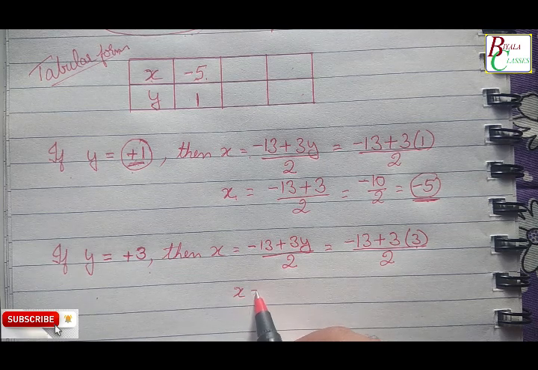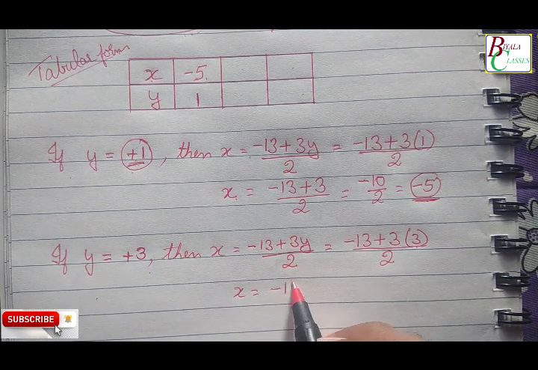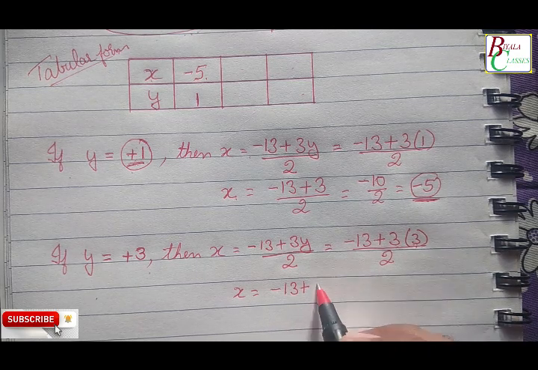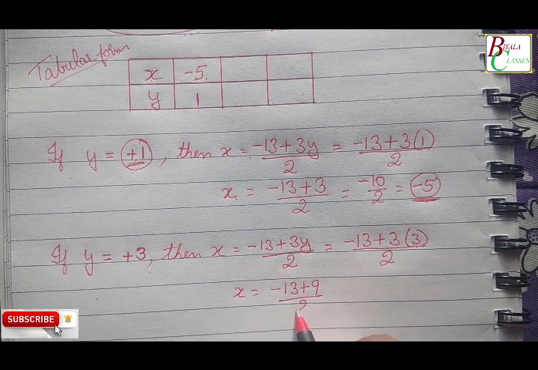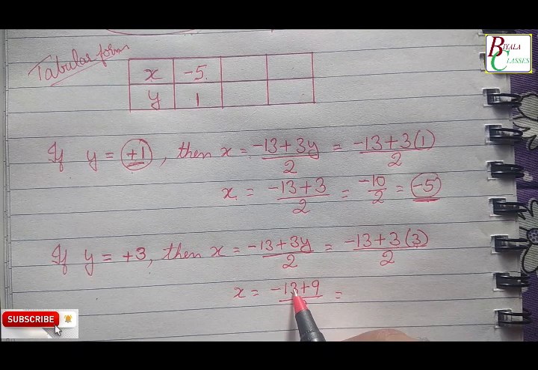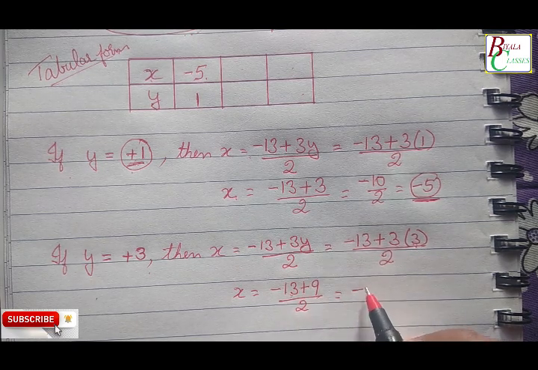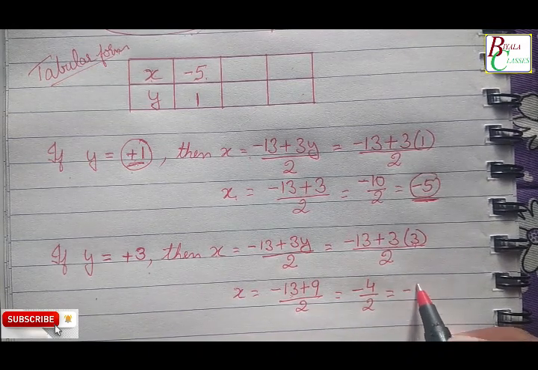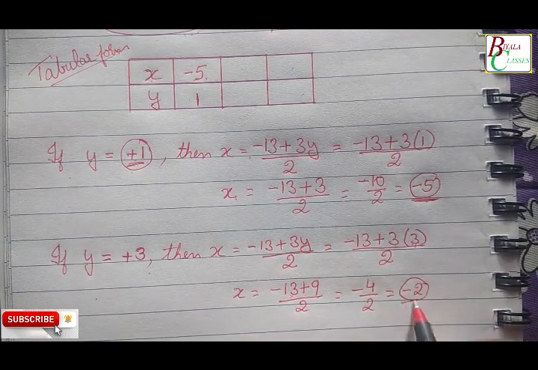If you solve this, x equals (minus 13 plus, now 3 multiply 3 is 9) upon 2. Now minus 13 plus 9, if you solve this, you get minus 4 upon 2, and we get the value of x as minus 2.